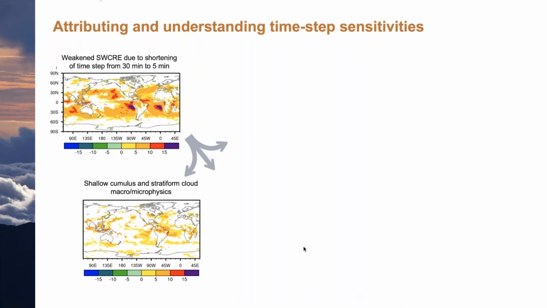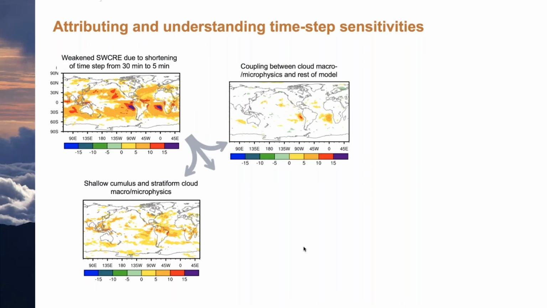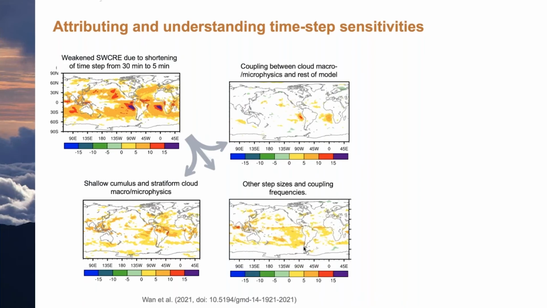identify which sensitivities in which geographical locations were caused by, for example, the step size used by the CLUBB and cloud microphysics subcycles, or the coupling between these subcycles and the rest of the model, or deep convection and related coupling.